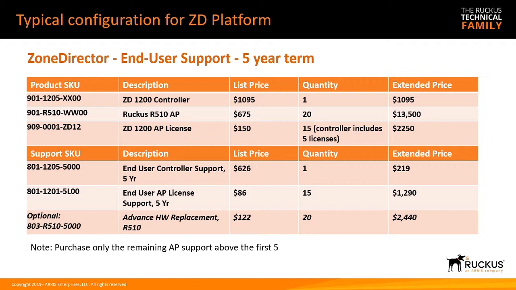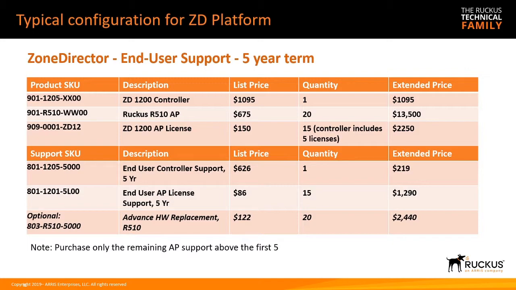Then we're buying end user support for the controller. So quantity 1, we've got 1 controller for 5 years. Then we've got 15 AP licenses for 5 years. You don't need to buy support on the 5 AP licenses that are built into the controller either. I should point that out. And then in this case, they've purchased the 20 advanced hardware replacement SKUs for the APs, but that's optional.